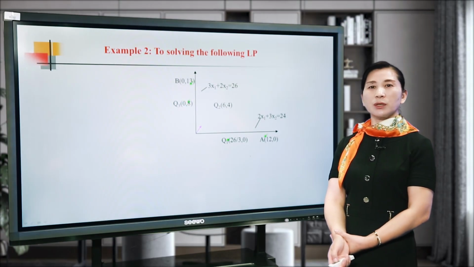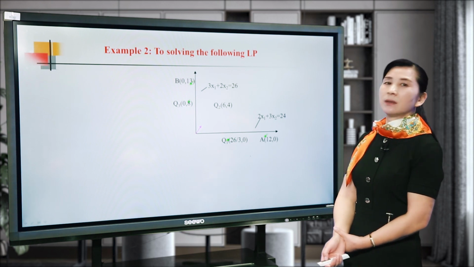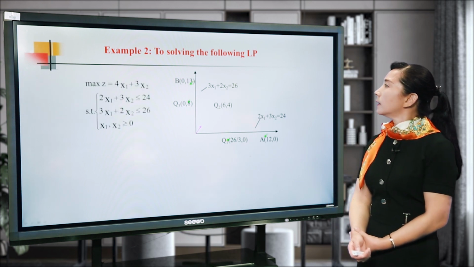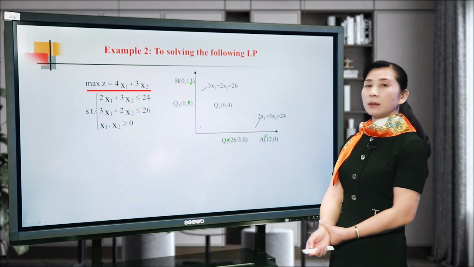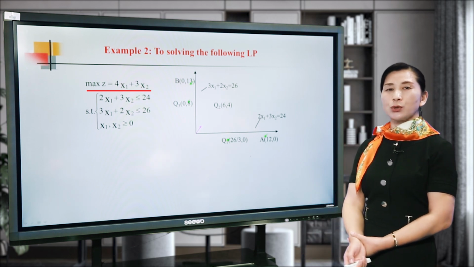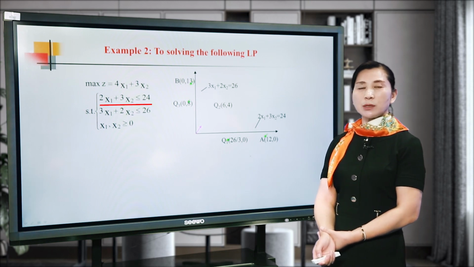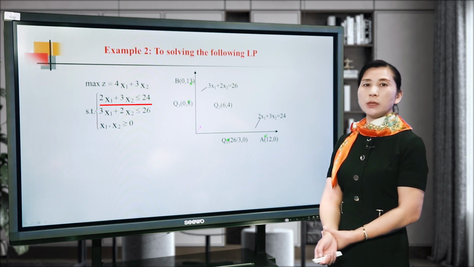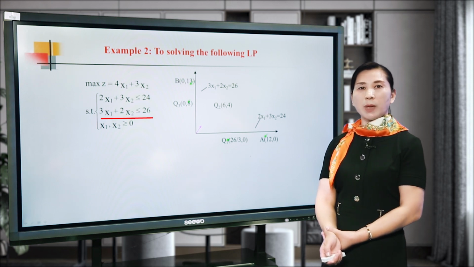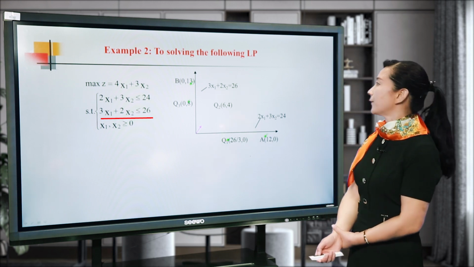Now we introduce example 2 to solve the following LP problem. The model is maximize J equals 4x1 plus 3x2. The constraints are 2x1 plus 3x2 less than or equal to 24, and 3x1 plus 2x2 less than or equal to 26.